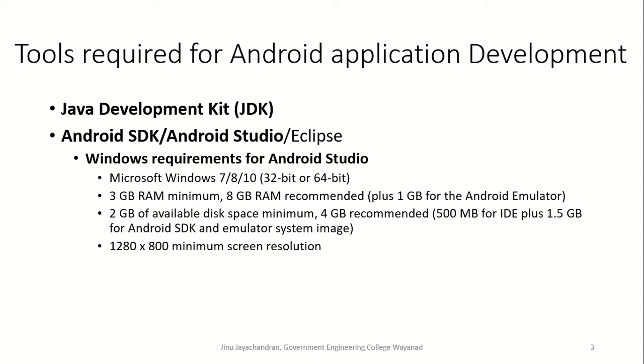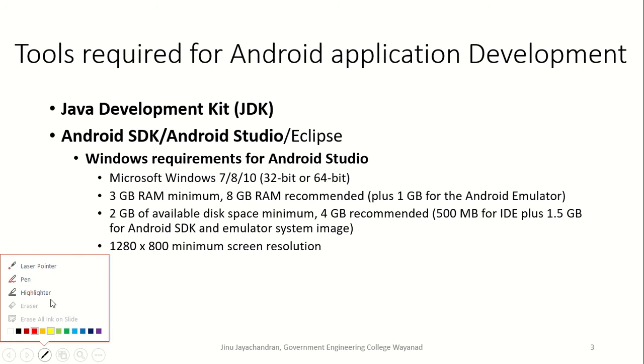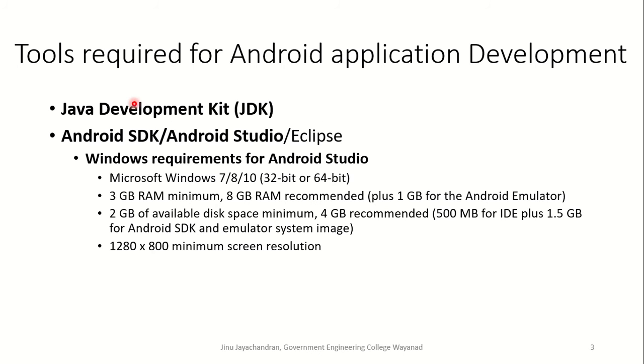If you are well versed in Java, then you can directly write your application in Android using Java. And as you know, to write an application in Java, you need to have the Java development kit. So the first thing that you want to download for creating the environment is the Java development kit. That's the first and important module.